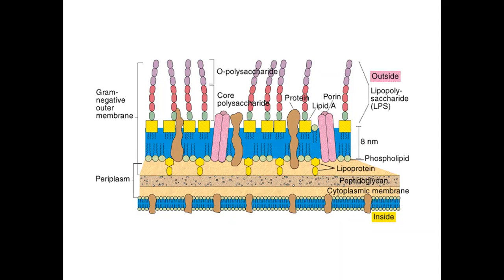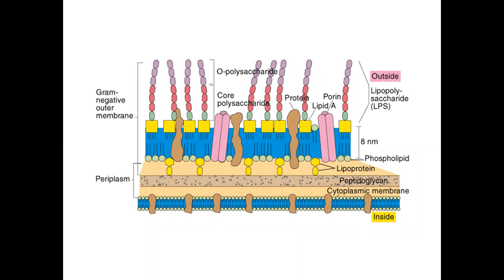So the cell wall of gram-positive bacteria is more rigid and strong than that of gram-negative bacteria. But gram-negative bacteria have an outer membrane, composed of phospholipid and lipopolysaccharide.